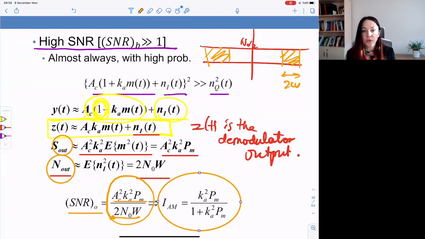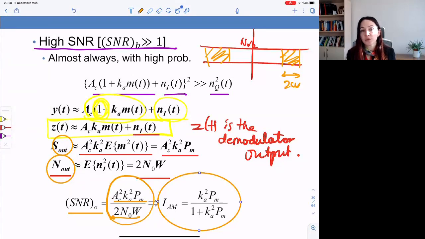So in order for the figure of merit to approximate 1, you would need KA to be very large, right? So in order for the efficiency of the system to be maximized, you want KA to be large, but then there's a trade-off, because if KA is too large, there's a problem.